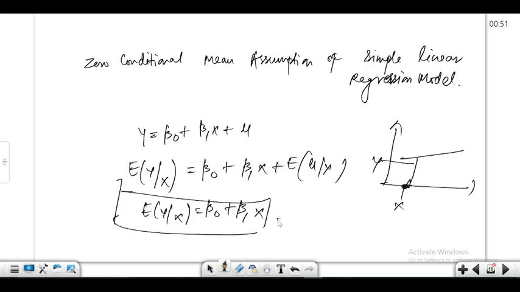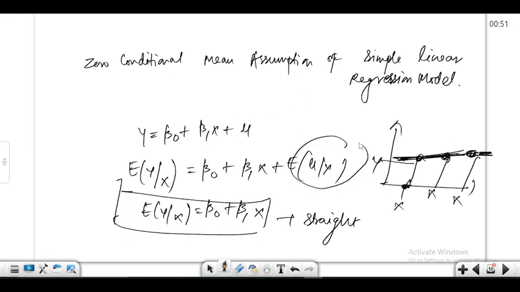This is the equation of a straight line, right, with each point on the line representing the average value of y for that given x. Different values of y for different x. This is how the model gets simplified, and the result is easy to analyze and easy to work with, with the help of this equal to 0 assumption.